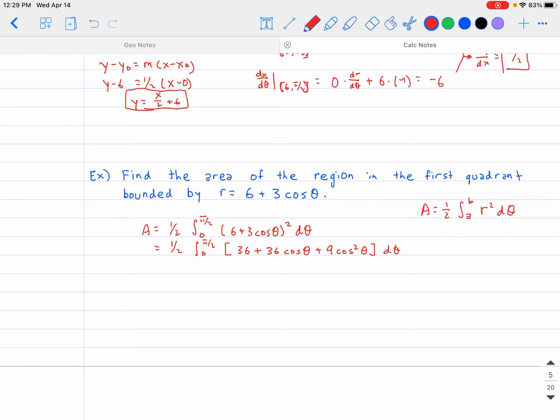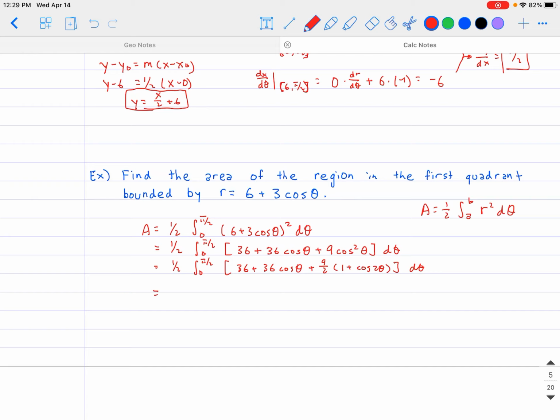The first two parts I definitely can integrate because those are easy enough. But the last part, I think I'm going to have to use an identity to replace it, so that I can easily integrate it. So 36 plus 36 cosine of theta, plus 9 divided by 2 times (1 plus cosine of 2 theta). That's my substitution right there, and now everything is integrable.